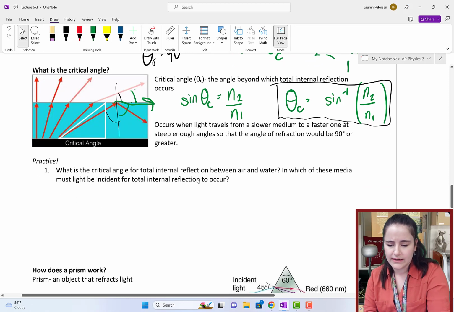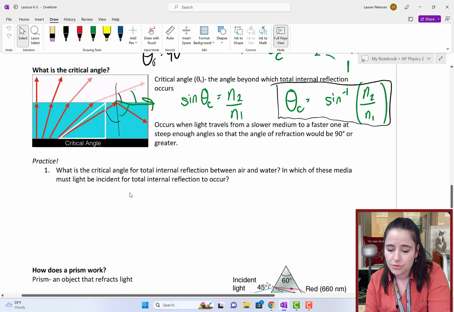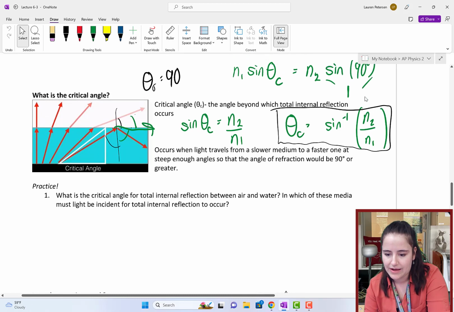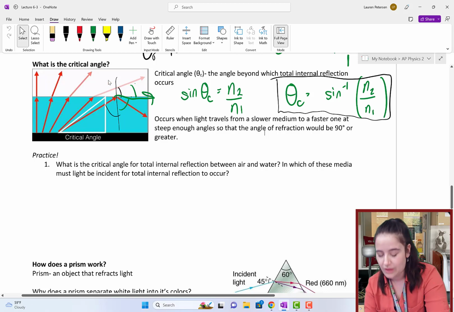So what is the critical angle for total internal reflection between air and water? And in which of these media must the light be incident for total internal reflection to occur? First, we have to think about which one it needs to occur in. This will only happen when you're going from something with a higher n to a lower n.